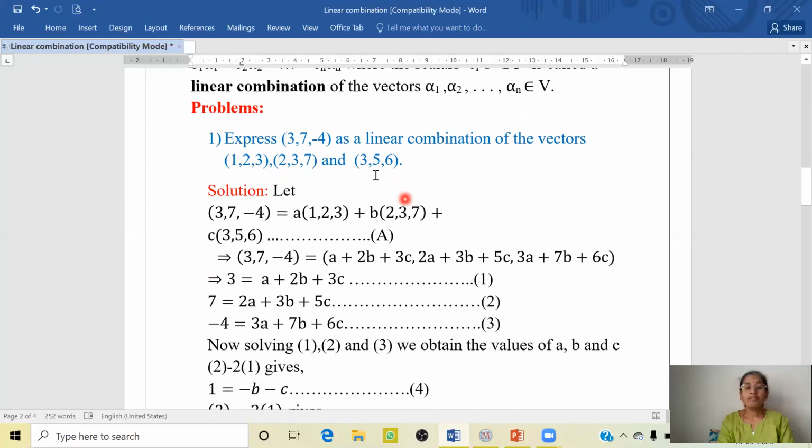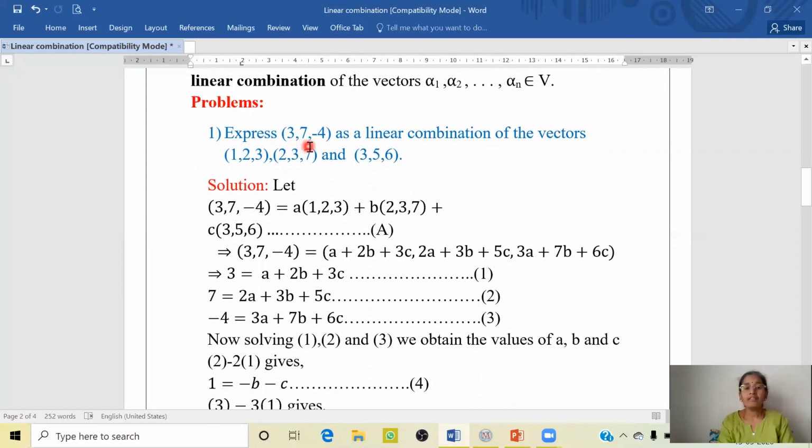So let us express the vector (3, 7, minus 4) as a linear combination of the vectors given, as A into (1, 2, 3) plus B into (2, 3, 7) and C into (3, 5, 6). Let us call this expression A.